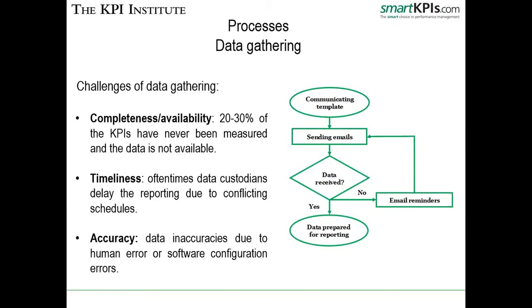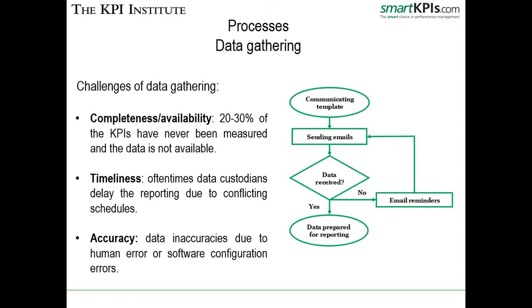Now, once we activate the KPIs, the next step will be to gather the data. So we have data for the KPIs, but this needs to be collected. And in terms of this, there are several challenges. One of them is availability of data.